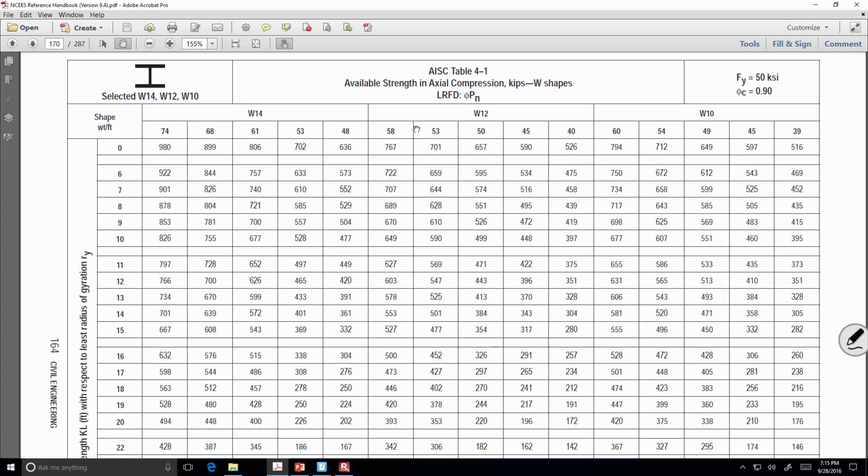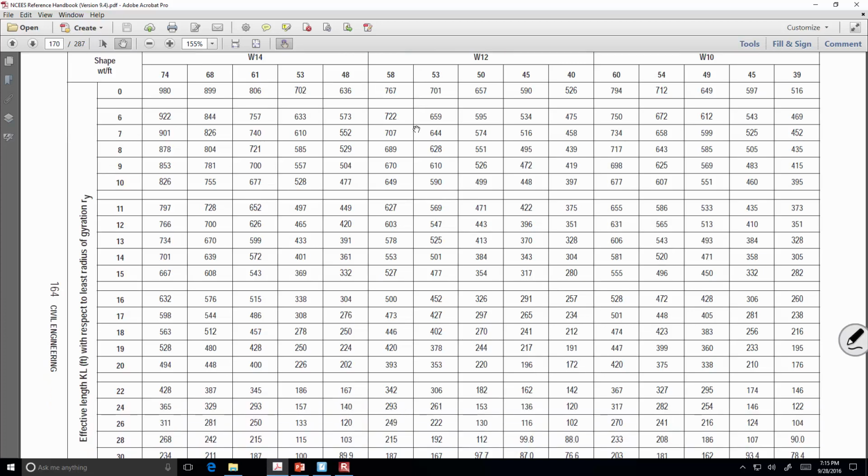So if you look here on the very, very left, it says KL or the effective length with respect to the least radius of gyration, ry. This entire table is built based on the weak axis capacity. When you take steel design, you learn how to check this for the strong axis capacity. But if you know the weak axis governs, then this is pretty basic.